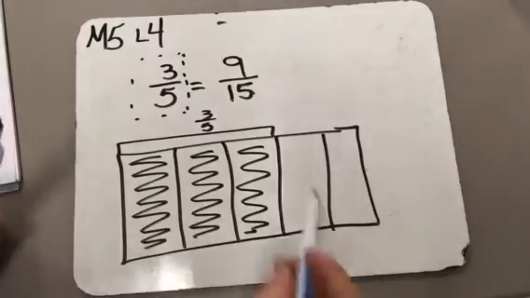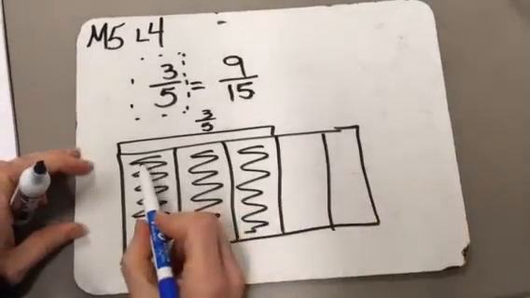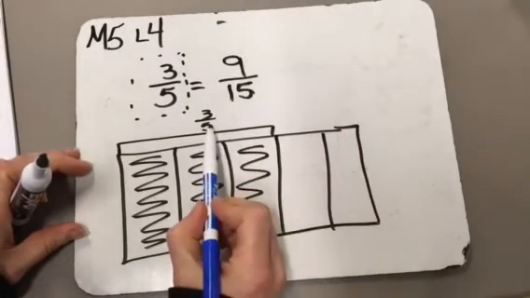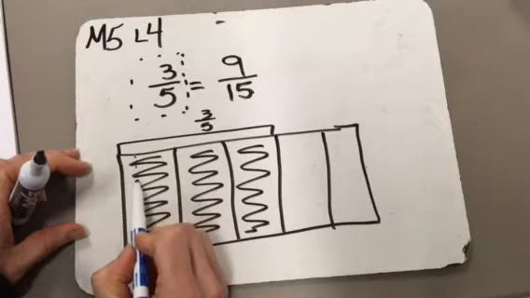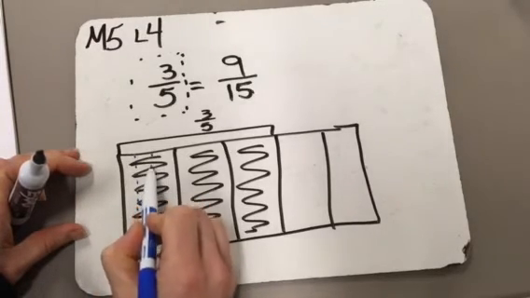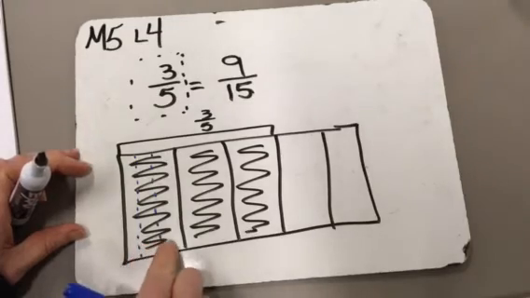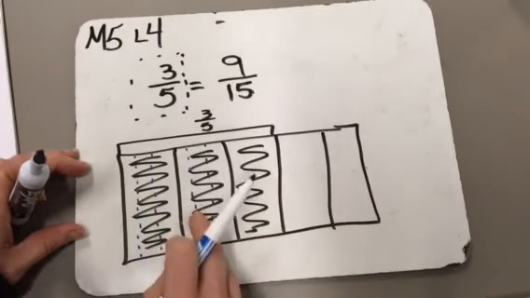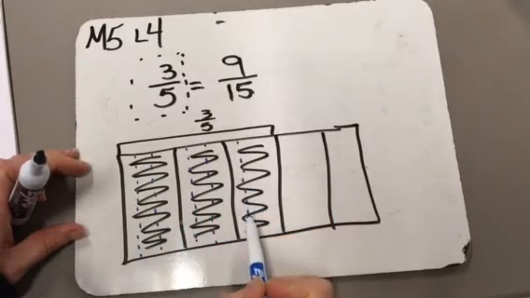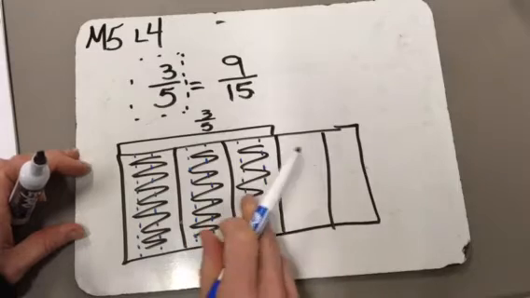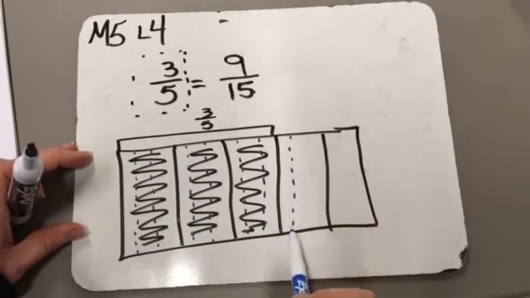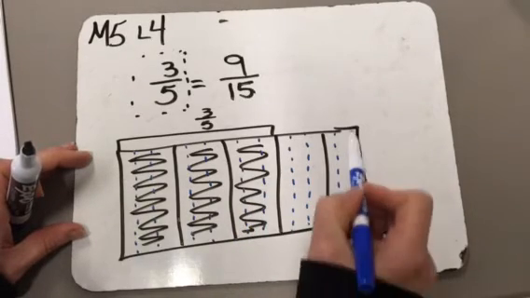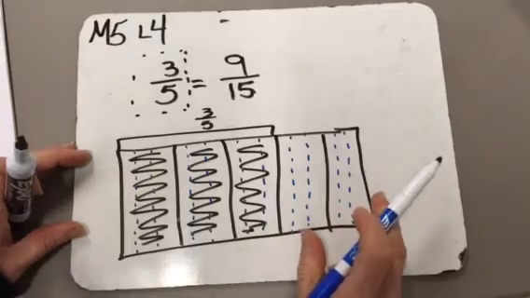All right, hopefully you determined that if I cut each one of these into 3, because 3 times 5 is 15, then I would be good to go. So let's check. 1, 2, 3. 4, 5, 6. 7, 8, 9. 10, 11, 12. 13, 14, 15.